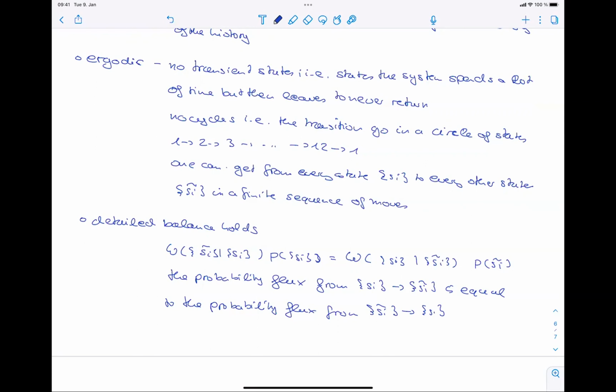To make sure that I reach all of them, I also need to be able to reach the lower probability states with the same overall flux, to make sure that I can in principle sample them as well.